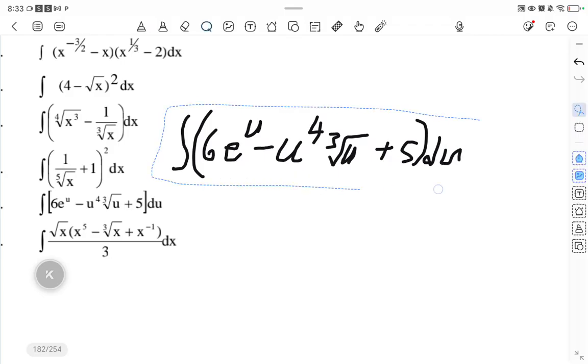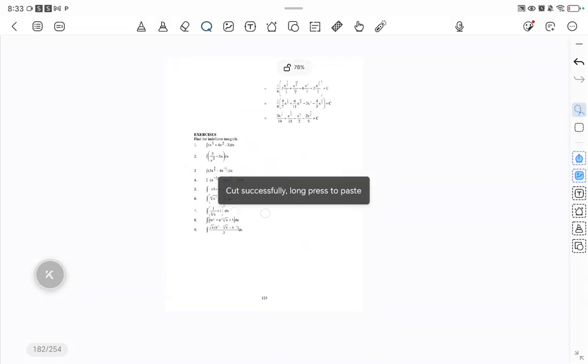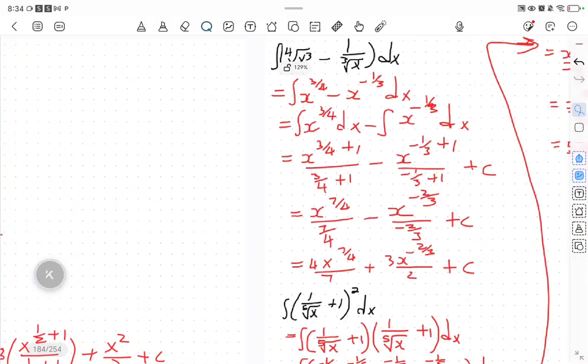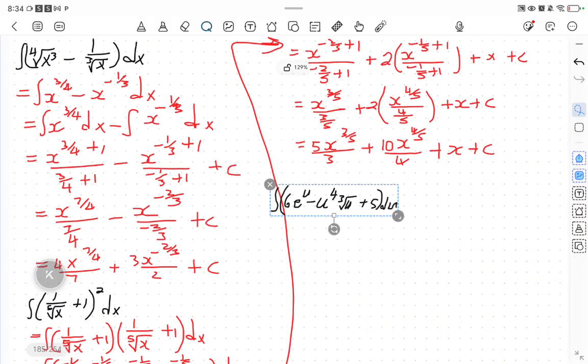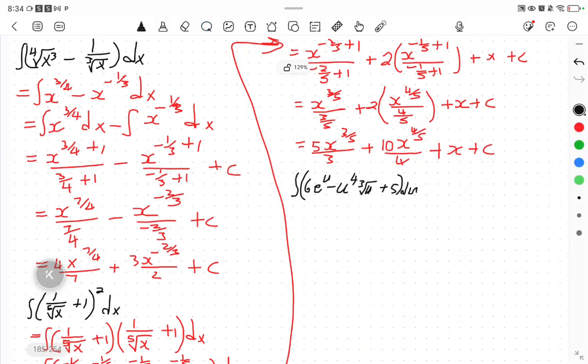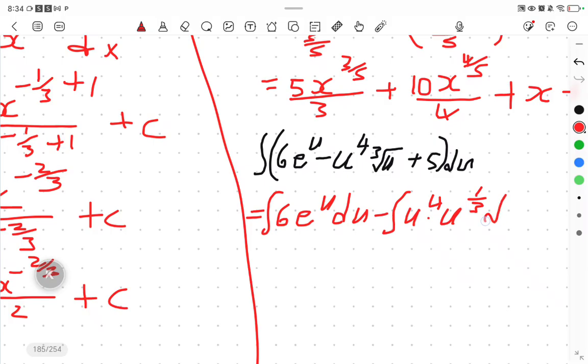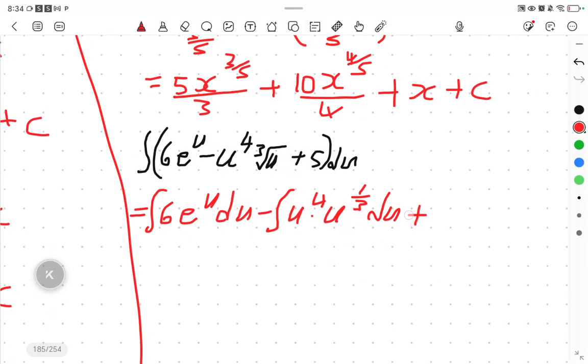Now I can compute this. And then this will be the integral of 6e to the u du minus the integral of u to the 4 times u to the 1 over 3 du plus the integral of 5 du.